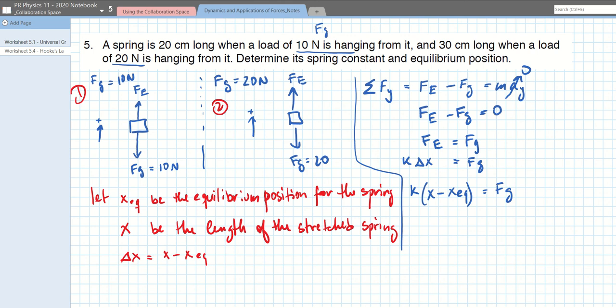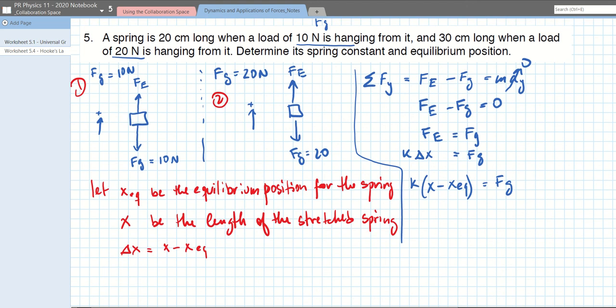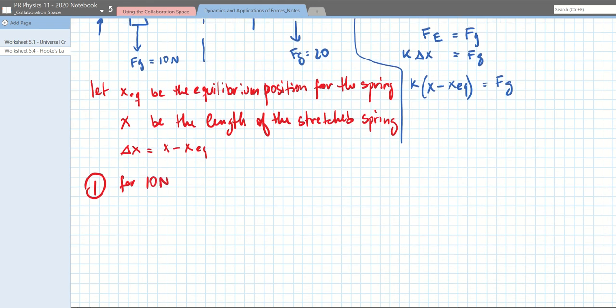This is the overall equation we're going to use for both of them. Now in the solution that I attached, they use L instead of x, but it's the same idea: the length of the spring. So in the first case, for the 10 newtons, our equation is going to be k.